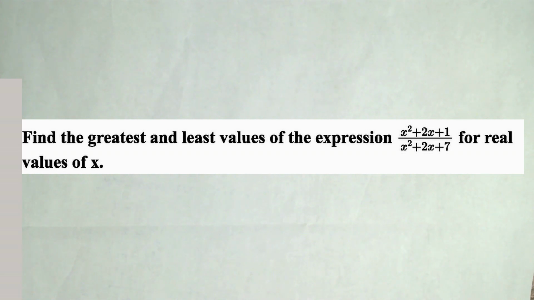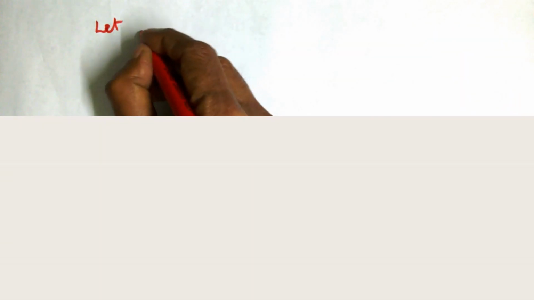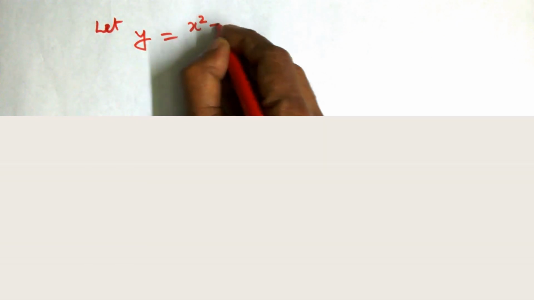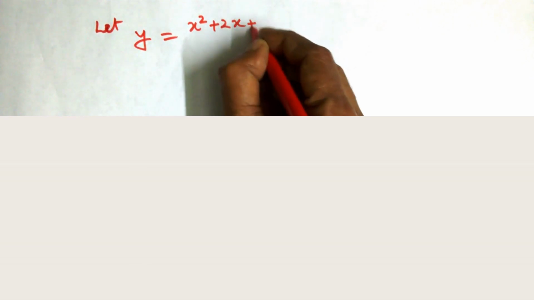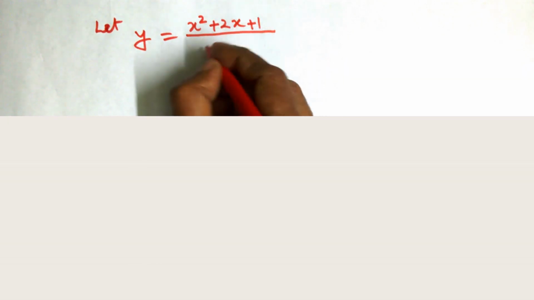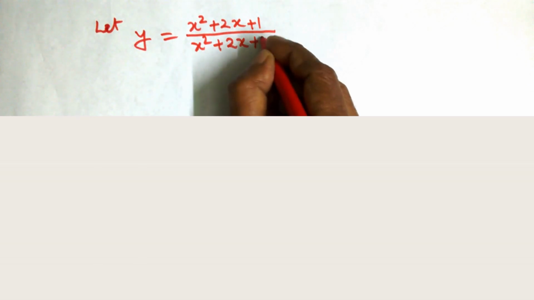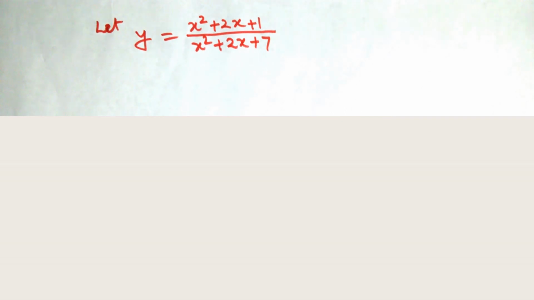To solve this problem, first let y be equal to (x square plus 2x plus 1) upon (x square plus 2x plus 7). Here x takes real values, so reduce this equation into a quadratic equation.